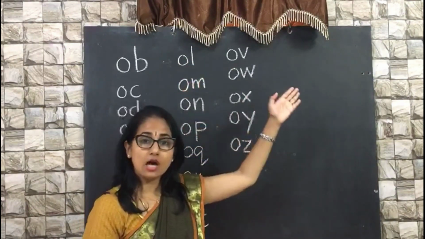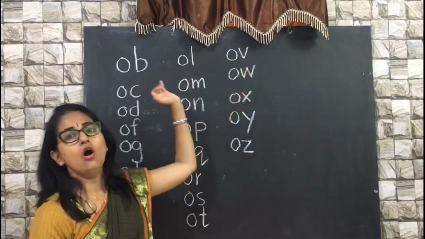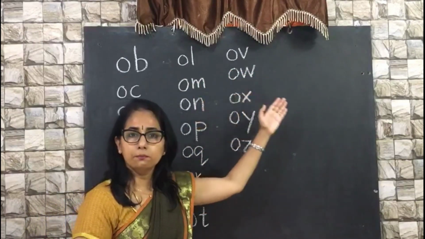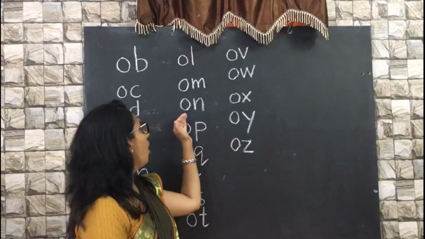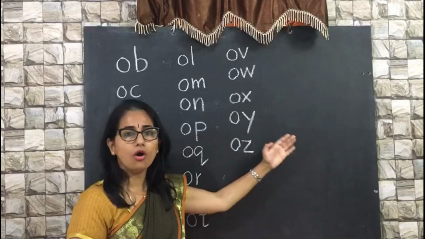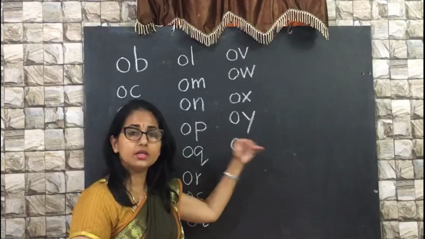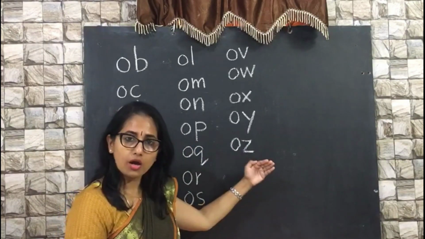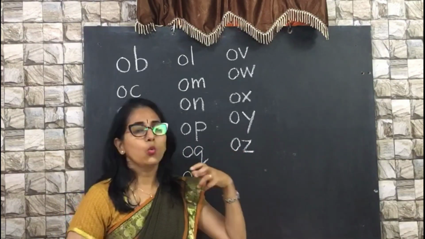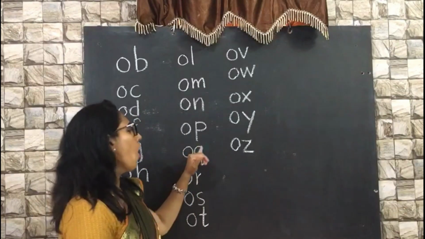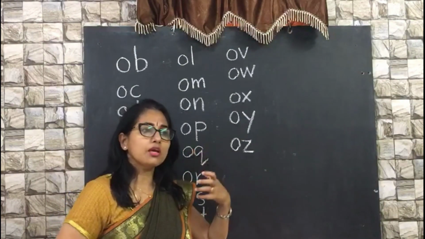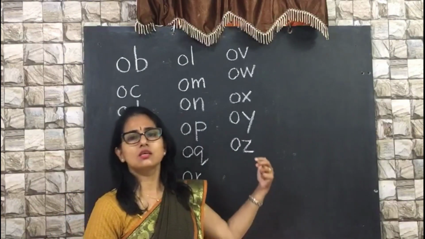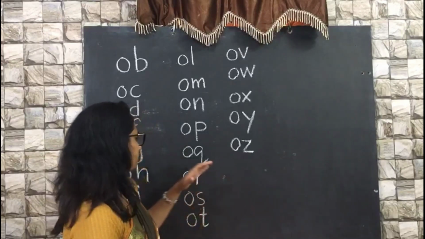l. The ending sound of L is l. O, on, op, ok. We can't find many words with the ending sound ok, but when you are making your child read together, you can give practice of this.